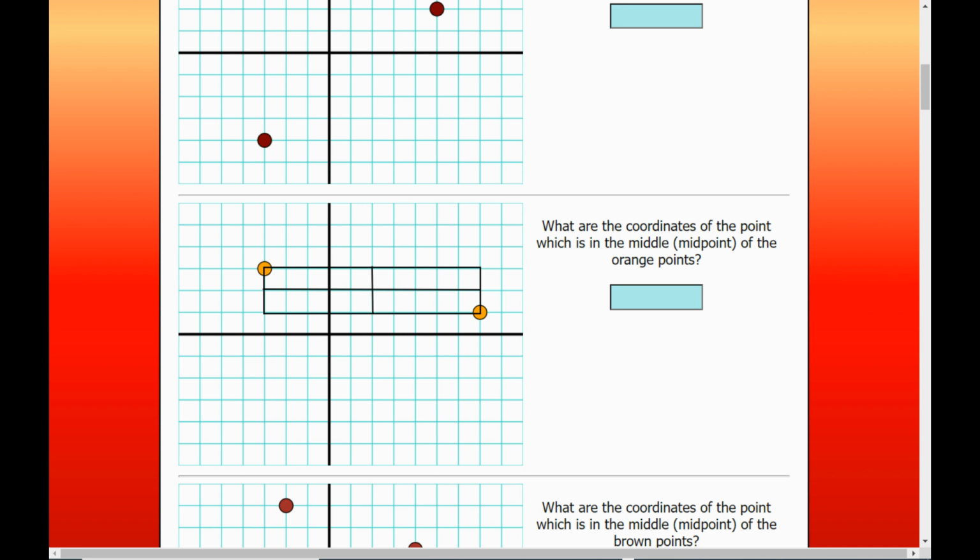And where they meet, I want to find the coordinates of that point. This is at the second position, so x equals 2. This is also at 2, so y is equal to 2 there. So this coordinate is going to be 2, 2. X is 2, y is 2. And that's how we would find that coordinate.